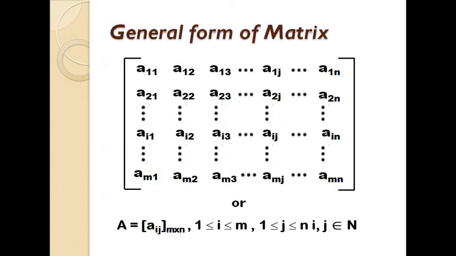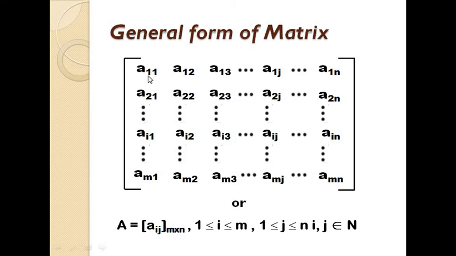In general form, the matrix can be written as, now see here, A11, A12. Here this suffix is called a subscript. There are two numbers in that subscript.